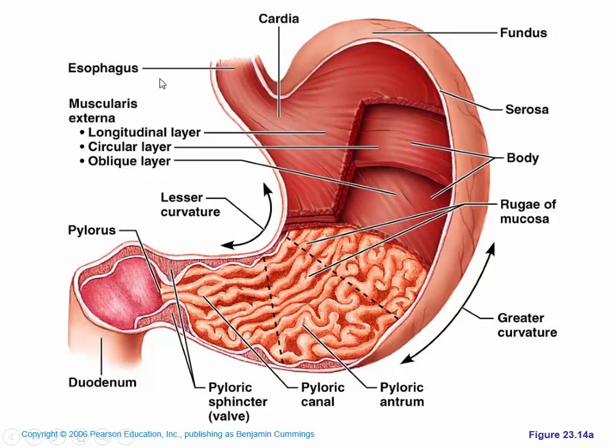So this is a picture of where the esophagus meets the stomach. And you can see that the stomach is a very, very muscular organ where you've got lots and lots of muscles that's going to be able to contract so we can churn the food. And then you have something called rugae. And rugae are these little folds that you're going to find in the stomach.